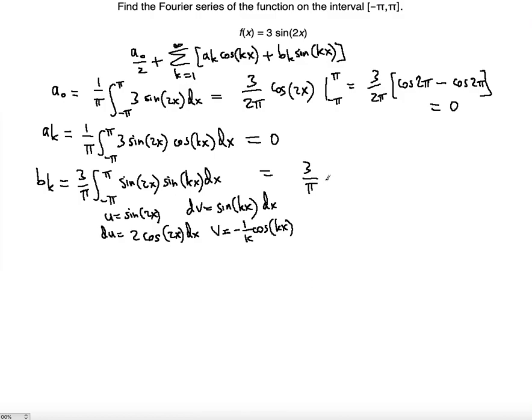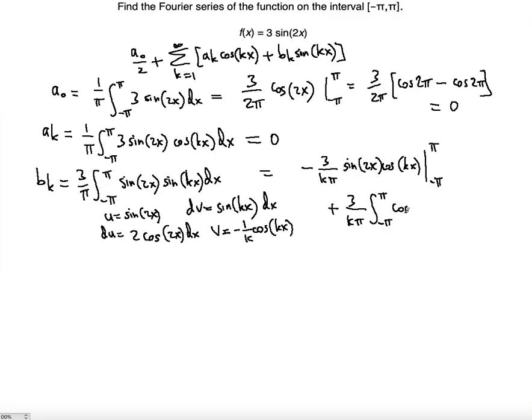So this gives you 3 over pi, the product of u and v. Let's put everything together. So negative 3 over k pi, sine 2x cosine of kx from negative pi to pi, minus the integral of v du. But there's that minus, so the overall is plus. So plus 3 over k pi integral from negative pi to pi of 2 cosines in there.